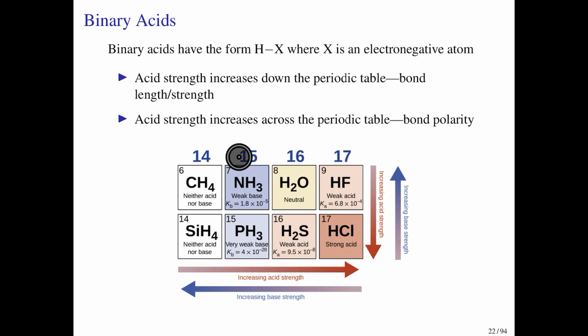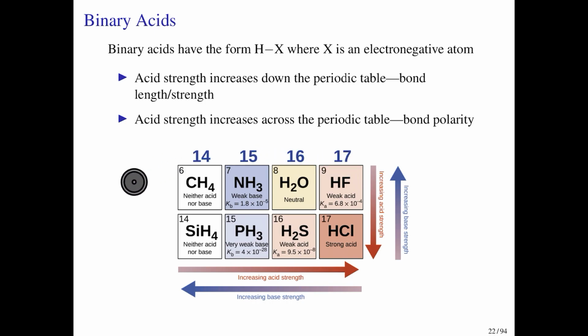So the size of the parent atom doesn't make that big of a difference in terms of acid strength. What does make a big difference within the same row of the periodic table is the polarity of the hydrogen bonded with its partner.